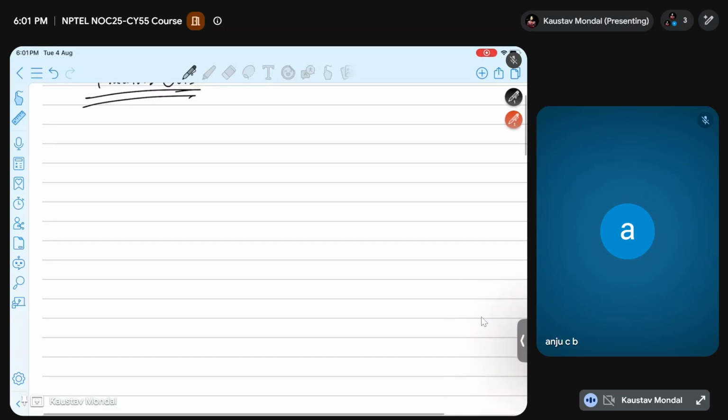In the previous class, let me give a brief recap. We started our discussion about what we mean by the weight of a configuration.